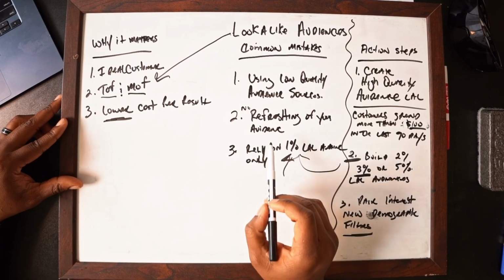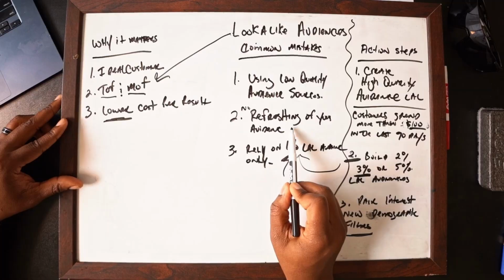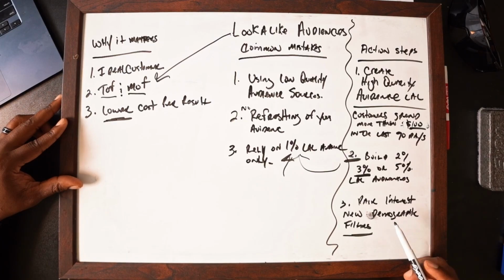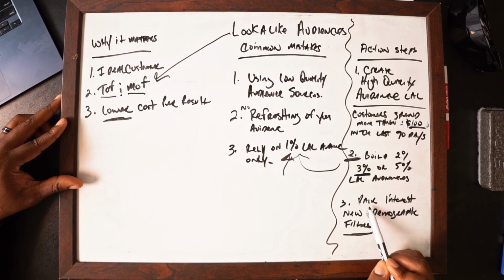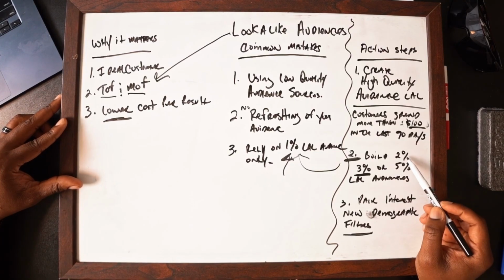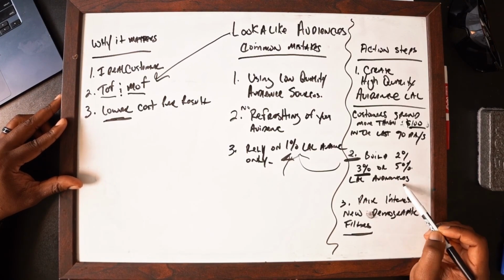Okay. If you don't refresh your audience, right, you're using the same interest and you're using the same demographic. So make sure you refresh your audience and you add new interest and new demographic filters along with new 2%, 3%, or 5% lookalike audiences, okay?